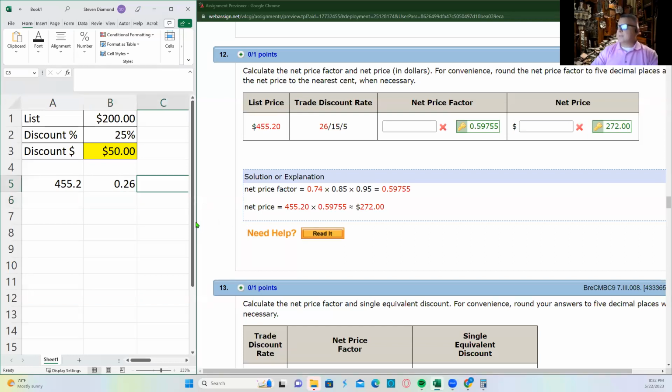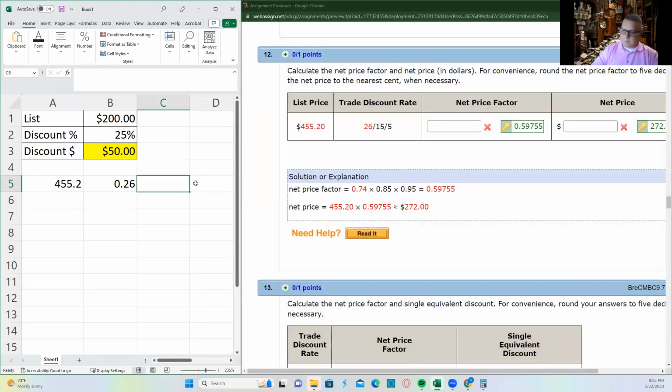So I'm going to move this over a little bit, give myself a little more room. The 455.20 times the 26% discount, that is 118.35. Now, I'm going to take my original list price minus this discount. That leaves me with 336.85.